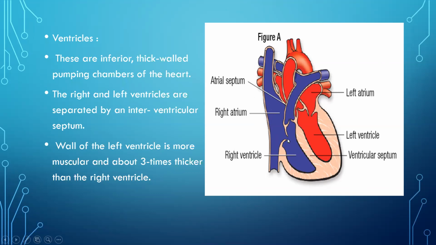Blue color indicates deoxygenated blood. Red color indicates oxygenated blood. The left ventricle gives oxygenated blood to the different parts of the body, whereas the right ventricle gives deoxygenated blood to the lungs for purification.